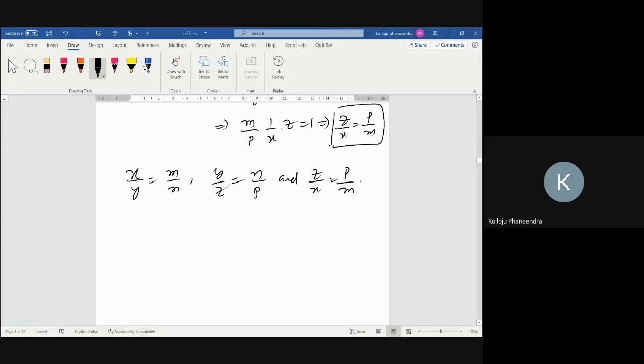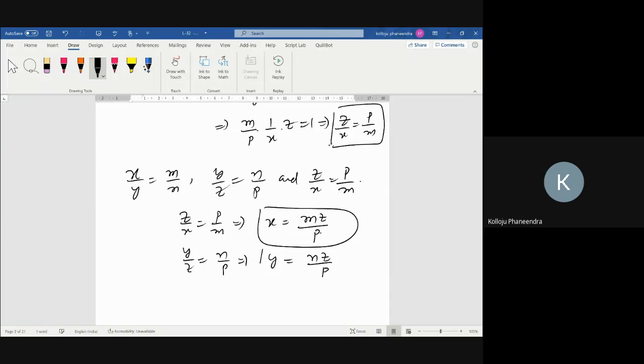Yeah. Write every x value in terms of z, y value in terms of z. Z by x equal to p by m, so x equal to mz by p, correct? Now y by z equal to n by p, then y value is nz by p.